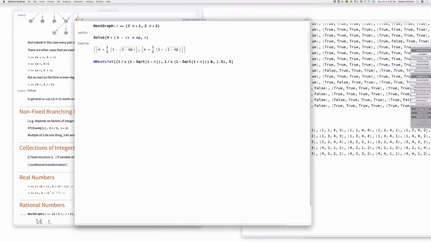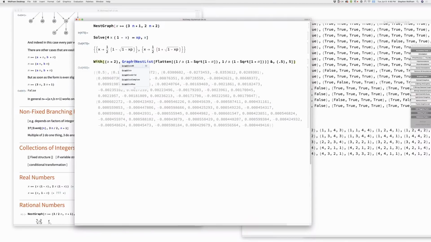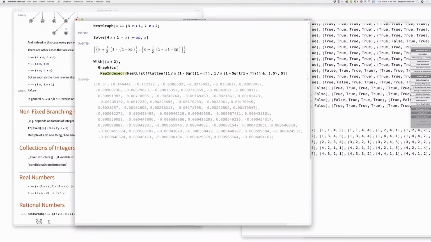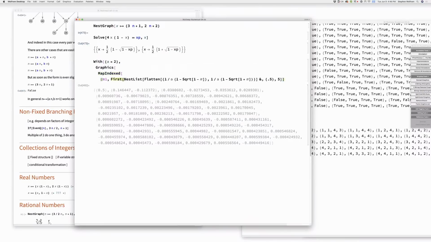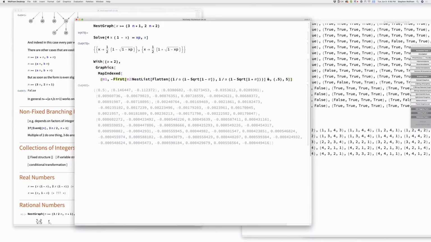And let's say, is there an easy way to do this? We want to make graphics of map indexed of hash 1, and then we want to say first of hash minus first of hash 2. Actually, I can just do map indexed onto that.